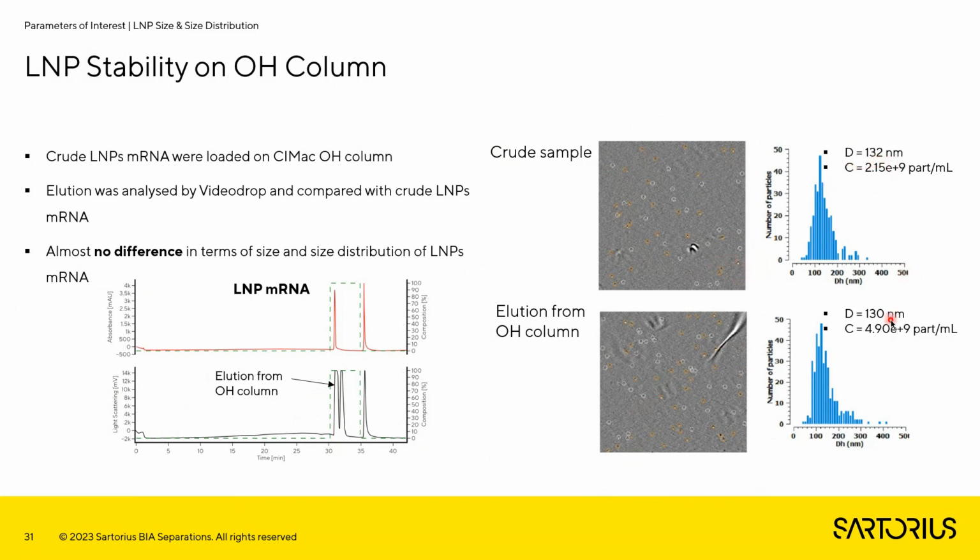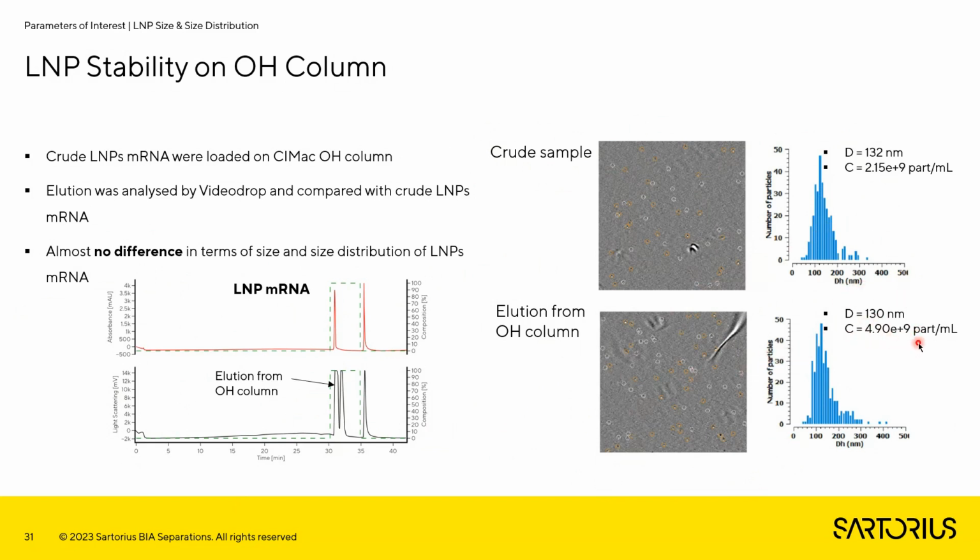And if we see the size of the particle is almost the same as for the crude sample, we can also say that the size distribution stays quite the same when loading and eluting from the OH column is used.